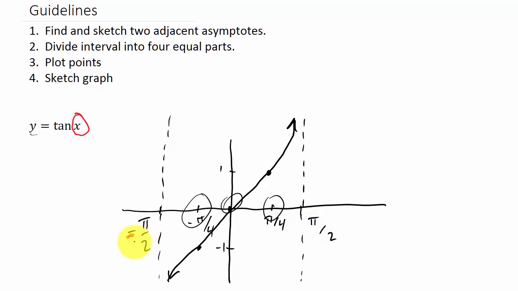Just remember that. We set this equal to negative pi over 2 and pi over 2 and solve for x.